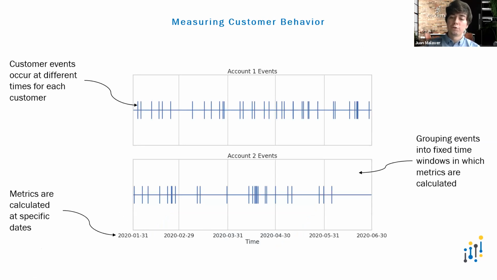So moving on to customer behaviors, we also want to leverage data on interactions between a customer and a product. We're going to use the terminology event to label these sorts of data. In the graph here, each of these vertical lines represents a specific event for each customer. An event can be a variety of things: a transaction, a click, a login.